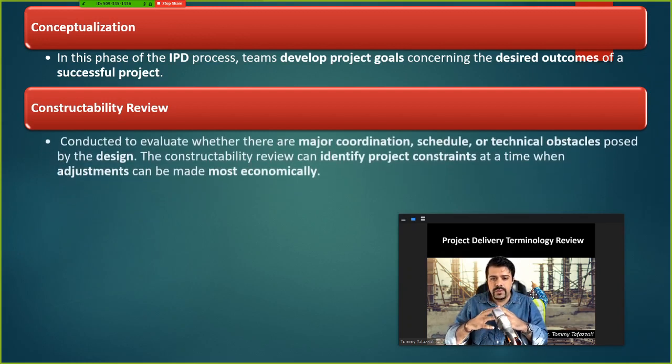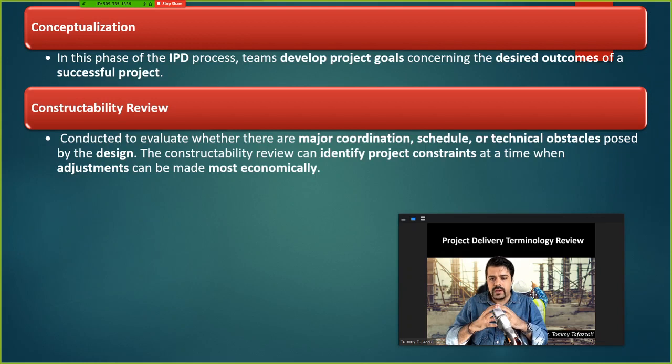Constructability review is where, again, the main project players sit down together and coordinate. They evaluate the coordination, the schedule, and the technical obstacles which could exist in the design, and then they identify project constraints.